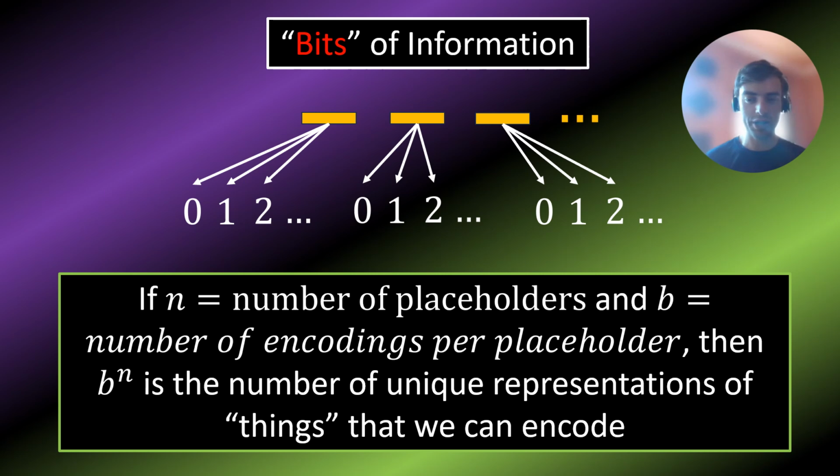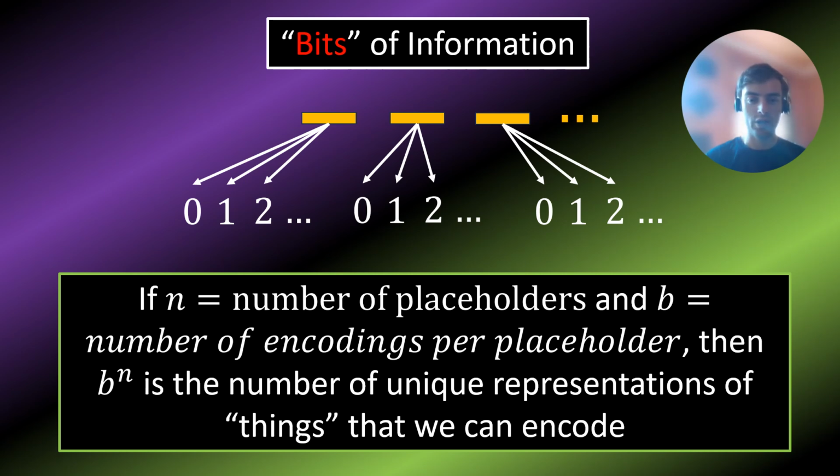So let's generalize this a bit more. Say that we still have n as the number of placeholders, and b is the number of encodings. So in each placeholder, we're going to have 0, 1, 2, 3 for 4 in each placeholder, or we could have 0, 1, 2, 3, 4, 5 for 6 in each placeholder.